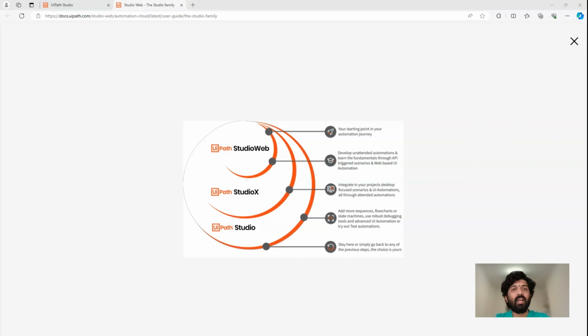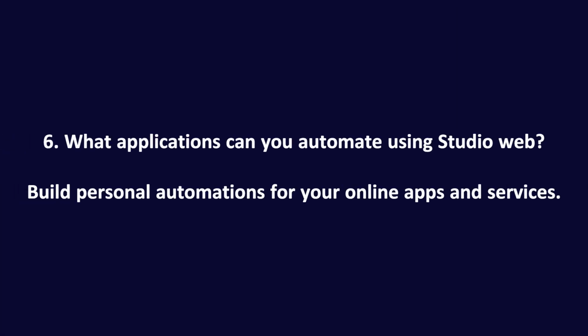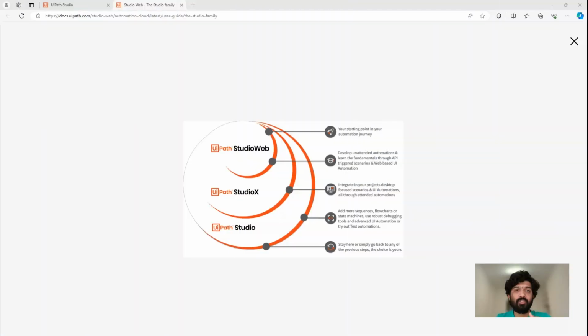What applications can you automate using UiPath Studio Web? You can automate workflows across online applications and services. You can use triggers to configure your automations to start whenever a specific event occurs. You can build some document understanding automations as well, where data is extracted using pre-existing or predefined models.